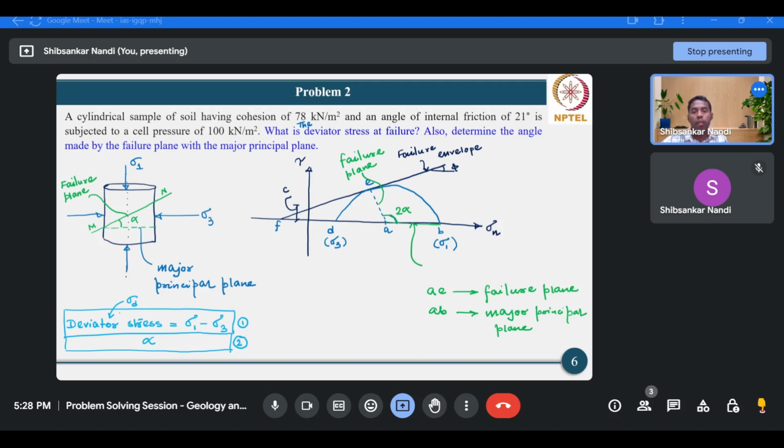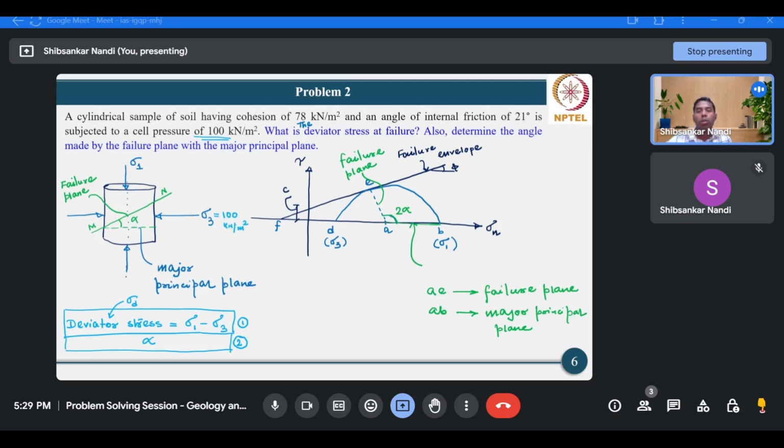Now to determine this sigma d, we should know the major principal stress at failure, because we know the minor principal stress at failure from the problem statement. What is that value? The value is 100 kilonewton per meter square, because it's mentioned in the problem that the cylindrical sample of soil is subjected to a cell pressure of 100 kilonewton per meter square. That means sigma 3 is 100 kilonewton per meter square.